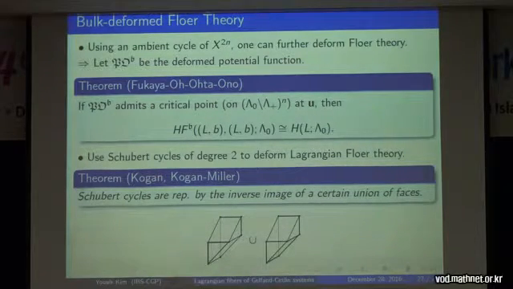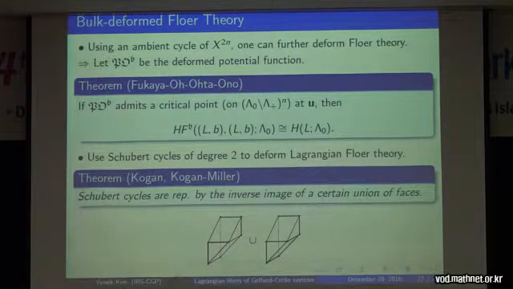So here is a result of Kogan and Miller. The Schubert cycles are represented by the inverse image of a certain union of faces. So in the Gelfand-Cetlin system case, here is one facet, and the other facet is here. If you just look at the inverse image of one facet, that's not a cycle, because, as you've already seen, there are Lagrangian 3-spheres over this point, and this is a four-dimensional piece. Then a three-dimensional boundary appears here.